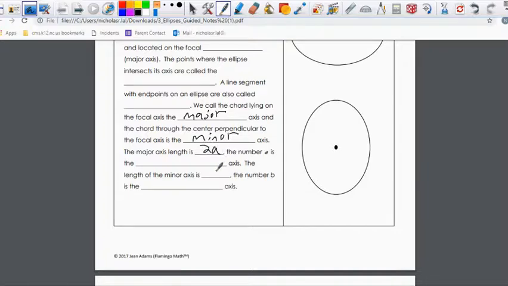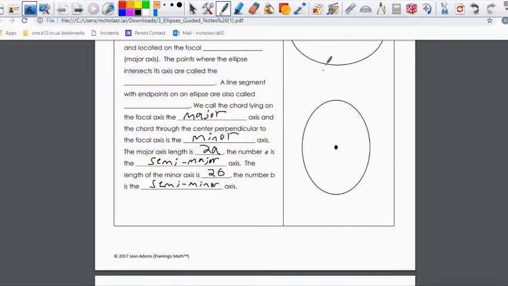The number A is the semi-major axis. The length of the minor axis is 2B. The number B is the semi-minor axis.